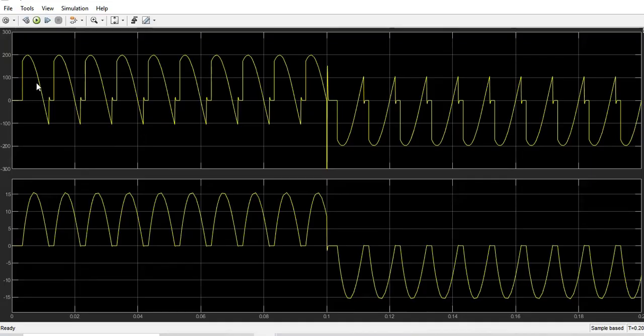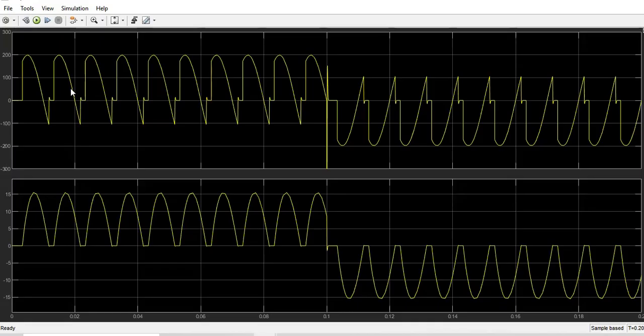Converter 1 and 2 are now operated in the rectification mode with alpha less than 90 degrees. If we change the alpha value to greater than 90 degrees, then both the converters will be operated in the inversion mode, so that we'll be having the next two quadrants of operation.